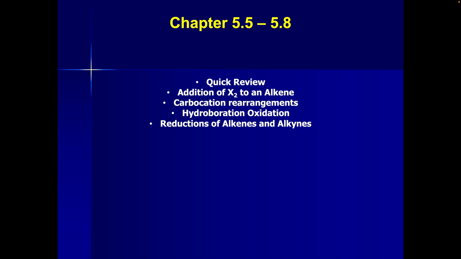Let's do a quick review of what we were talking about last time we met for class. We were talking about addition reactions to alkenes, and we talked primarily about the addition of HX, HCl, HBr, HI, and water across a carbon-carbon double bond.